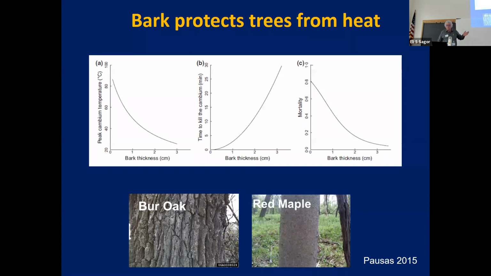Red maple, not so much, a thinner bark species. You can use that to your advantage depending on the size, structure, and bark thickness of your stands. But we heard from Lee that even what we call fire-sensitive species, if they get big enough, can have thick enough bark that you're not going to top kill them with any kind of prescribed fire you're willing to take a risk at running.